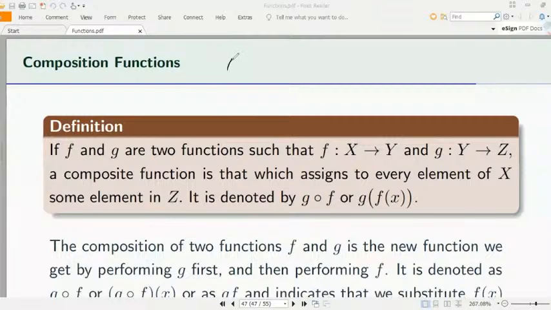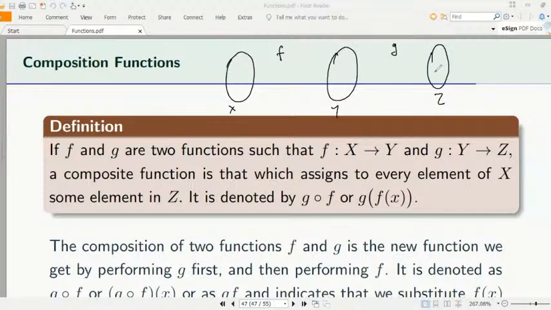I have elements of x here and I have elements of y. So I have f assigning elements of x to those of y. Then it stops here. Then g takes over and assigns those of y to those of z.